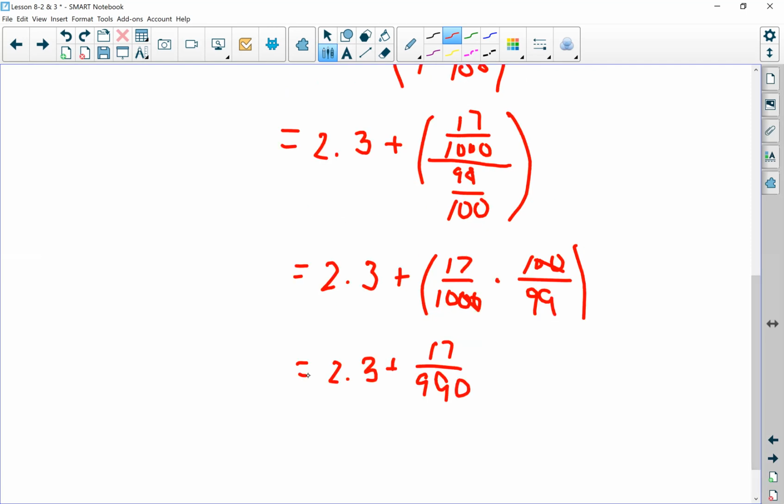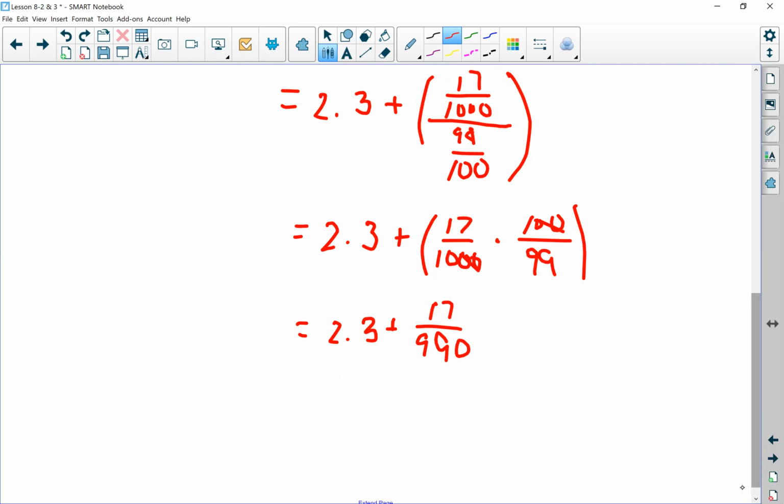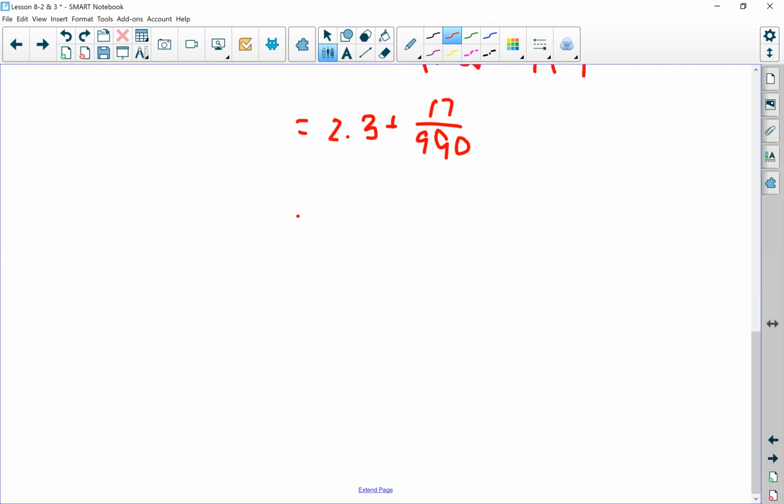This, let's see. This would be 23 over 10 plus 17 over 990. 2,300 would be 2,277. Multiply by 1,000, subtract 23. I think that's right. I don't know, try 23 times 99 once.